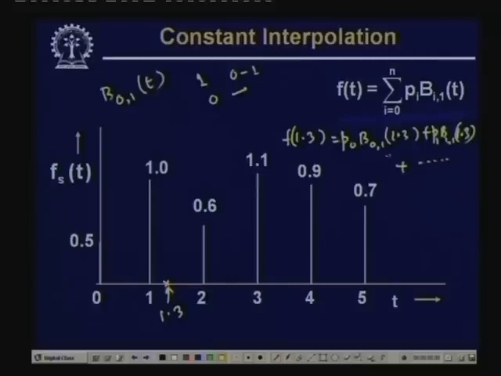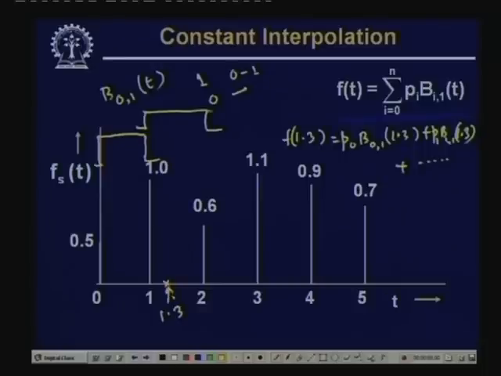Now, if I plot this b_01(1.3), superimposing it on this sample data diagram, you find that b_01(t) is equal to 1 in the range 0 to 1 excluding 1. Similarly, for p_1 b_11(1.3), the value will be equal to 1 in the range 1 to 2 excluding 2, and it will be 0 beyond this.